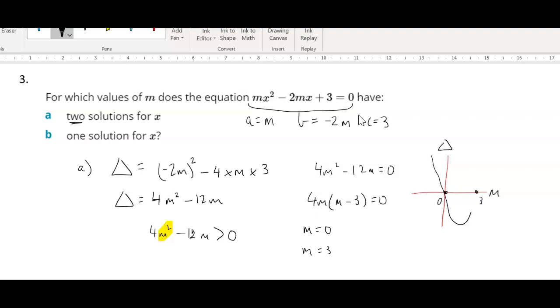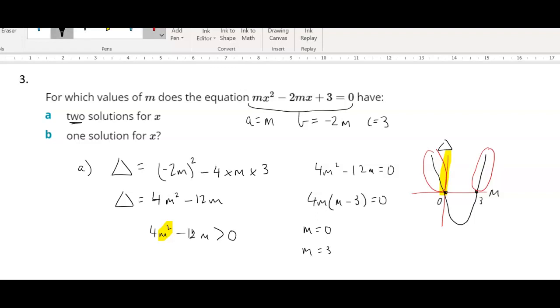There we go. All right, so your value of m is between 0 and 3. All right, you got to think when it's positive, when your discriminant is positive, think of it as your y. When are we positive for the y? All right, it's this part here. So your value of m is everything up until 0 and everything after 3.